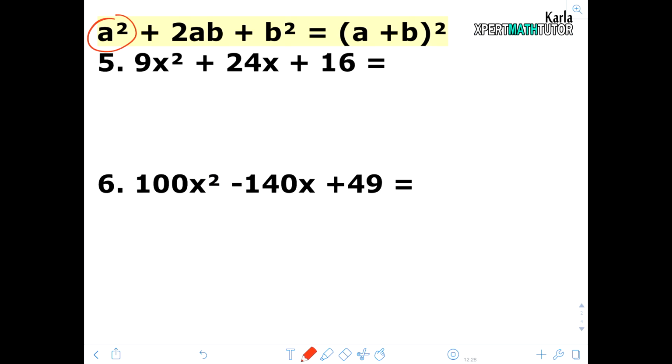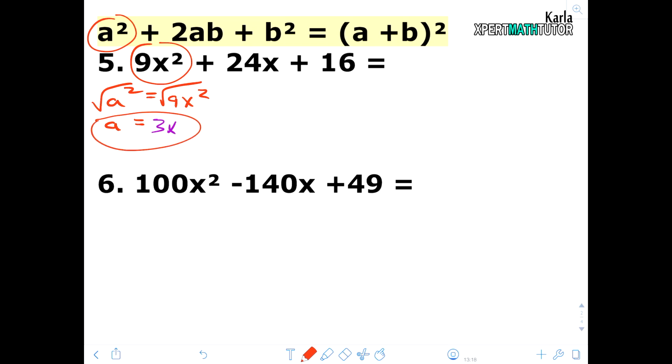So we're going to take a squared and set that equal to 9x squared. Now we're going to take the square root of both sides. The square root of a squared is just a. The square root of 9x squared is 3x, so a will equal 3x.